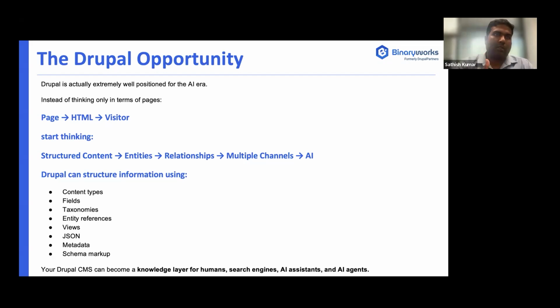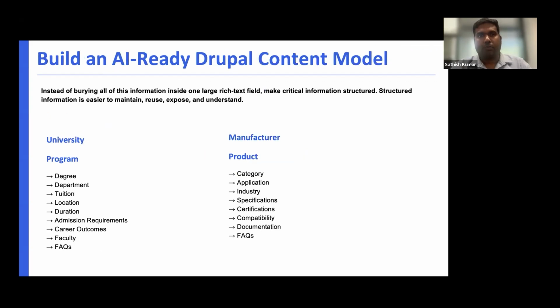It has the structure that these tools need, like content types, fields, taxonomies, entity references, views, JSON, schema markup. All these are inbuilt in Drupal. So it is a perfect CMS platform that can survive the AI era and share your content for the AI era. It is not only for the AI engines, even AI agents in future are going to come and make a decision on your site. It is perfectly suited.